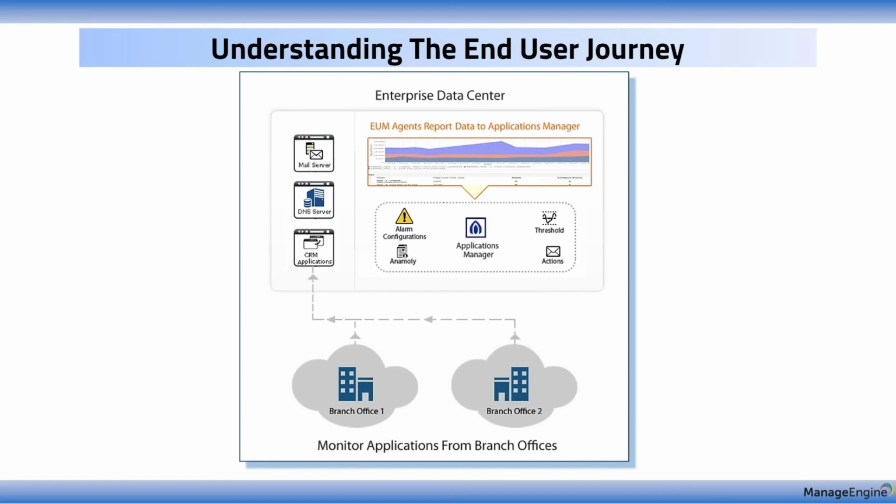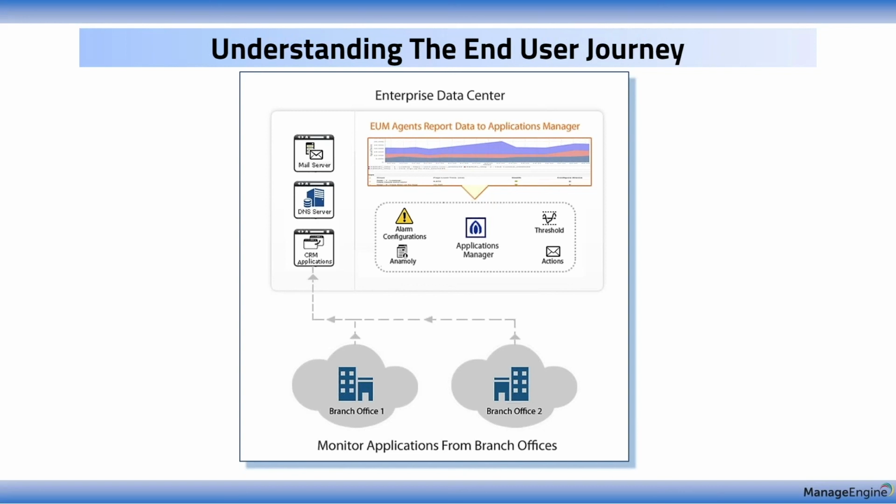So an end user journey starts when a user sends a request from their client. That's what we have initiated. We have discussed in the first slide, and how the web server responds back to the request. And in between, we notice there is a global area network. So if there is any network level latency, if there is a packet loss, that could lead to website slowness. So how to identify those kinds of network level latencies?